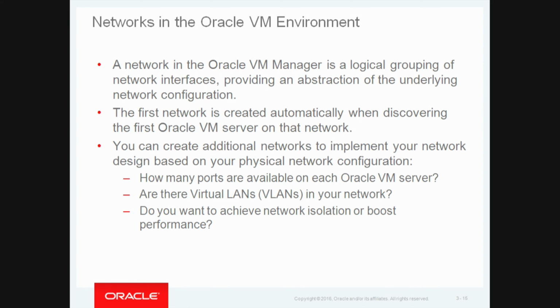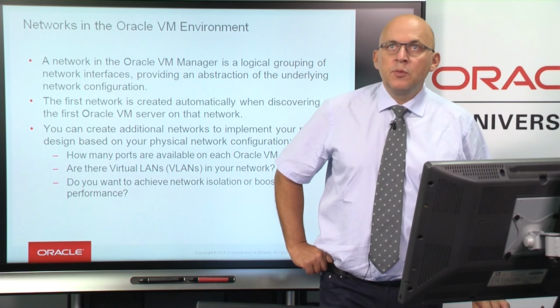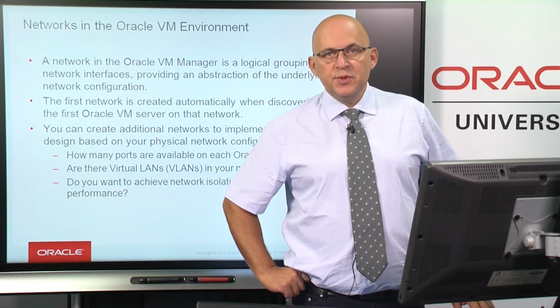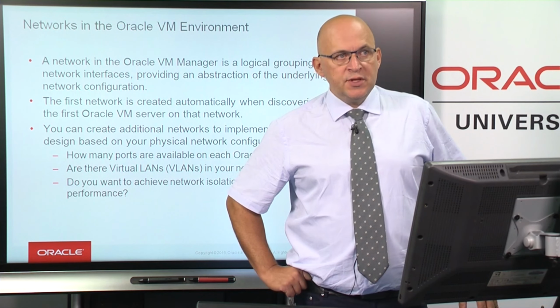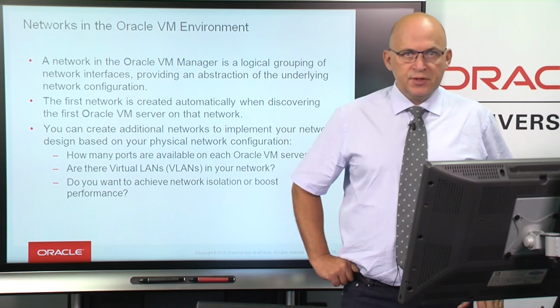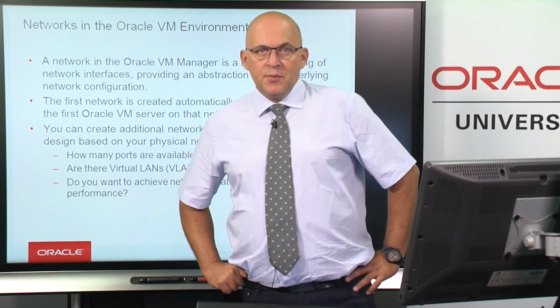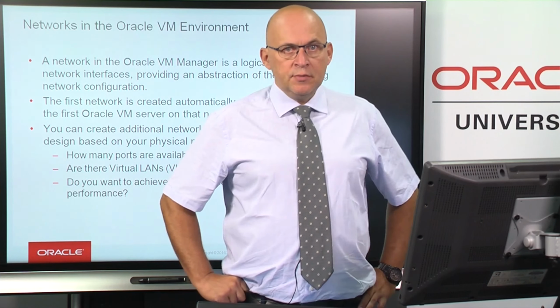Remember that during the discovery of your servers, one first network is created automatically, called the management network, and through this management network, the manager can perform several operations on the servers. Of course, this management network can also have some other functionalities that we will see on the next slides.